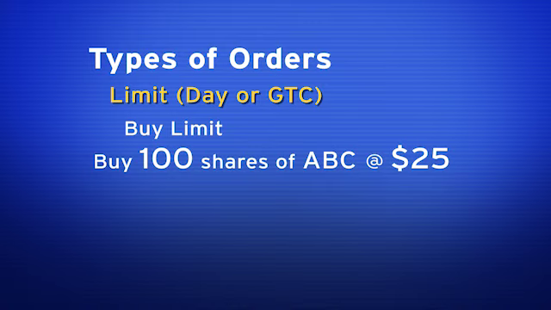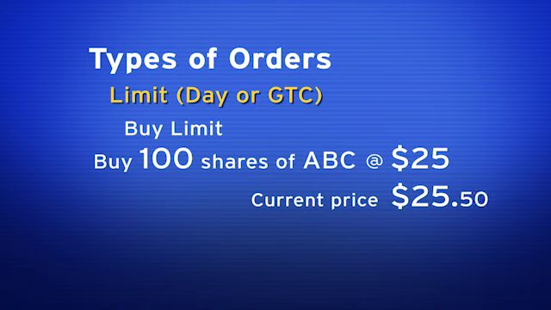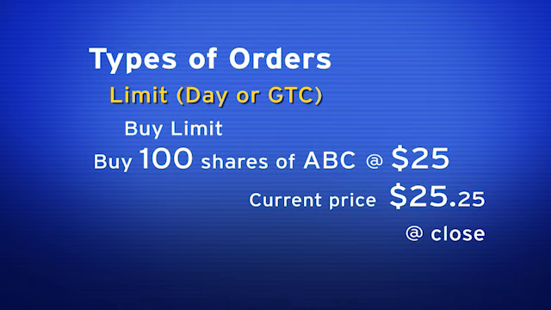Now, let's say that the price of the stock is currently trading at $26. The next price is 27. The next price is $25.50. The next price is $25.25. And the market closes.